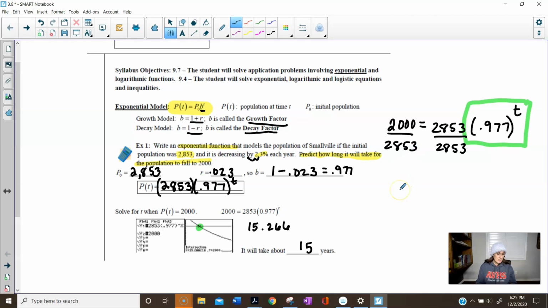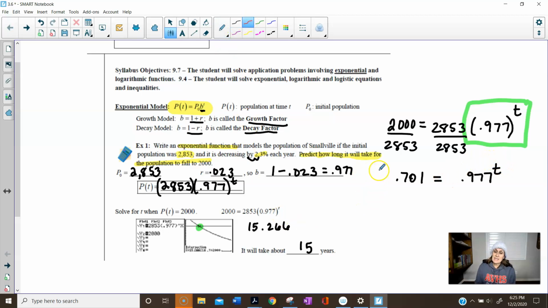All right, so once you divide that, you get something like 0.701. And again, I would recommend storing and using the full number, so maybe arrowing down, grabbing that full number in the end. And that equals 0.977^t. Now, how story problems work is if we're trying to figure out this value up here in the exponent, then I want to be able to bring this exponent down in front.